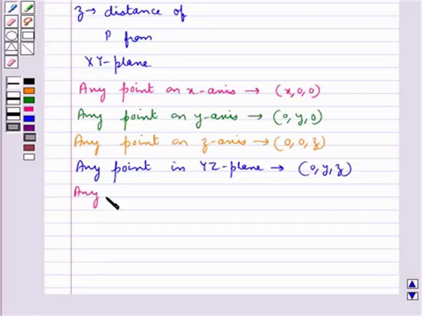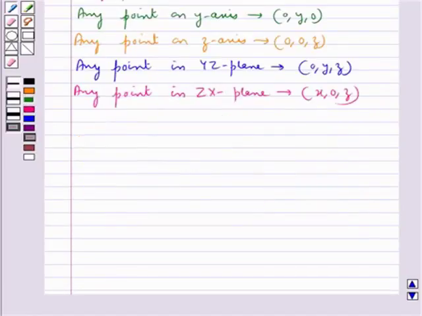Then any point in ZX plane would be of the form x, 0, z, that is the y coordinate is 0. Then any point in XY plane is of the form x, y, 0, that is the z coordinate would be 0.